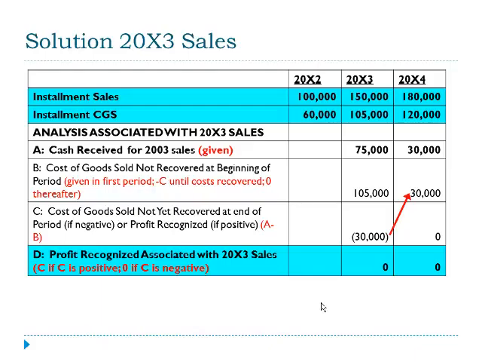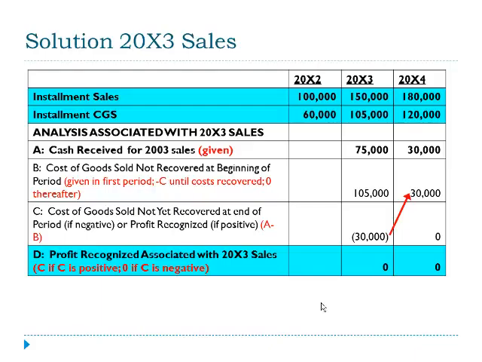In 2003, I received $75,000 from customers on their 2003 sales, but the cost of goods sold in that year is $105,000. So $105,000 taken away from $75,000 shows that I have a lack of $30,000 that I have to recover before I can recognize any profit. So because I have a negative number, my profit recognized is 0.